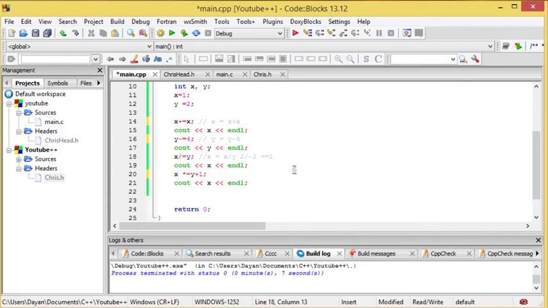Here we've got x divided by equal to y, which is saying that x is divided by y, and both of them are values of 2, but one's a negative 2, so our answer will be negative 1.